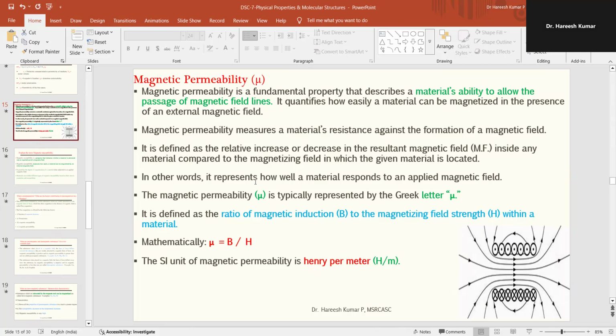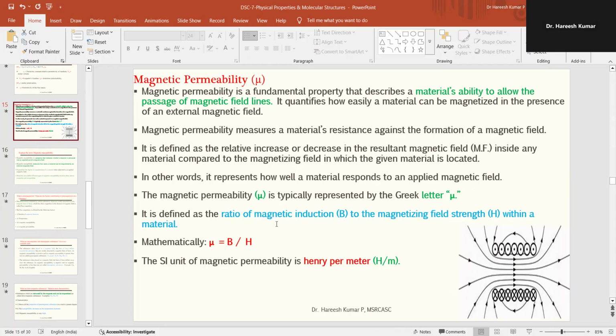In other words, it represents how well a material responds to an applied magnetic field. The magnetic permeability is typically represented by the Greek letter mu.